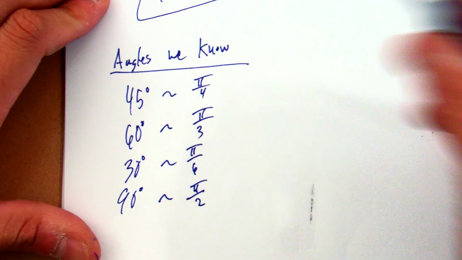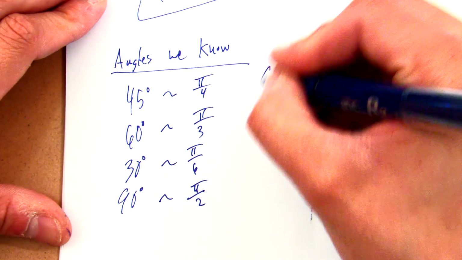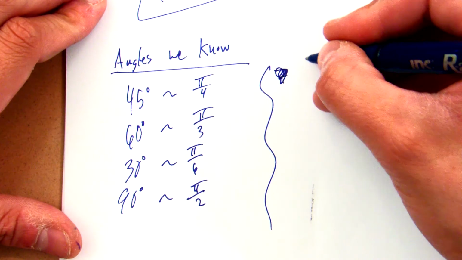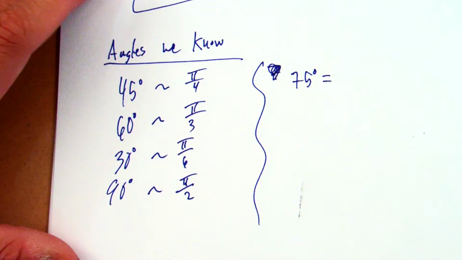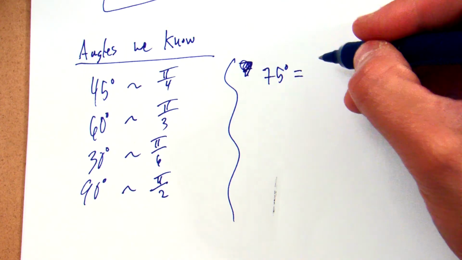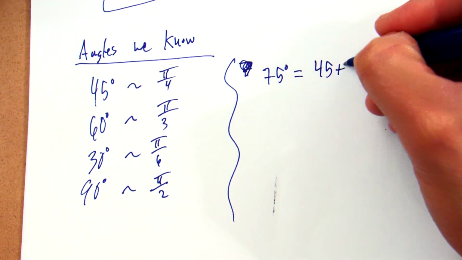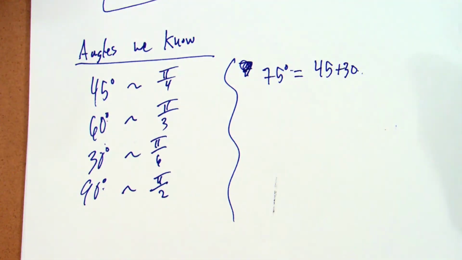Okay, so let's draw another thing here. How would I get 75 degrees based on these angles here? Do we agree that 45 plus 30, just using these here, gives me 75?